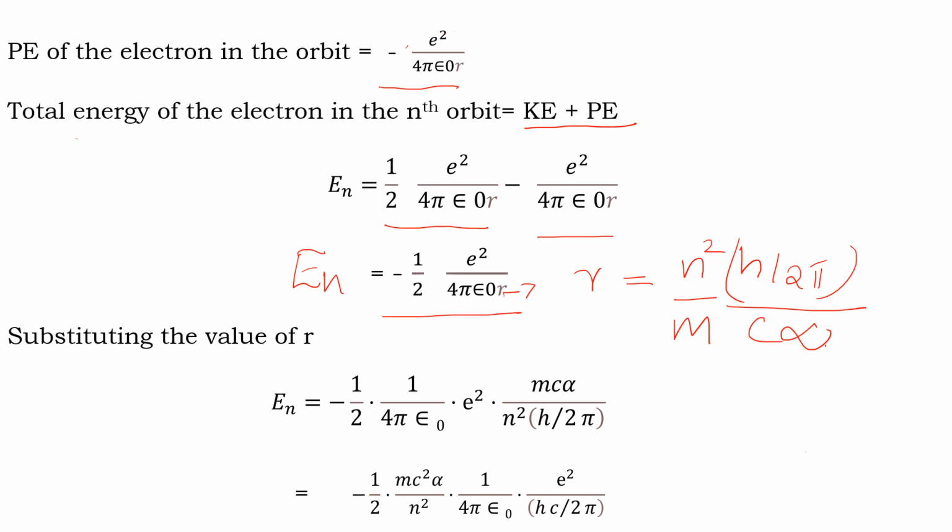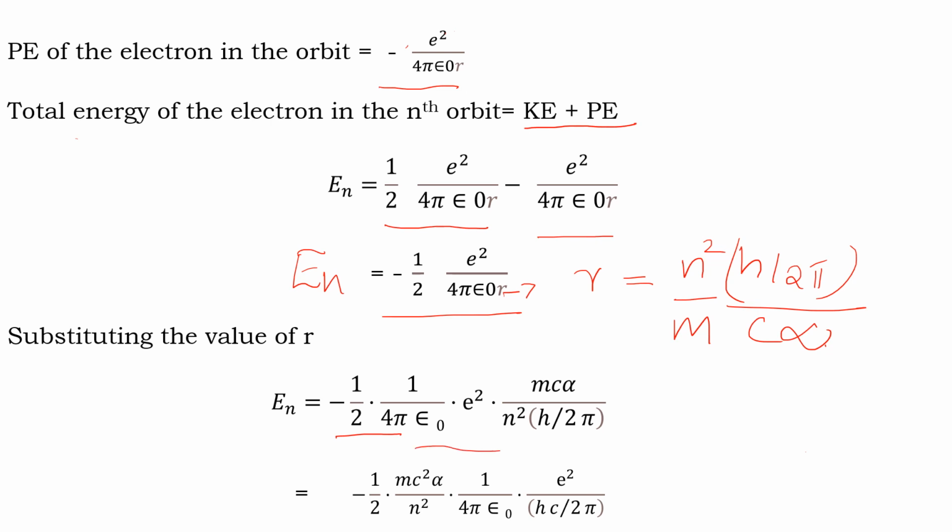Substituting the value of R in the denominator, we get the energy of the electron in the nth orbit, En, is equal to minus half 1 by 4 pi epsilon 0 E square into m c alpha by n square h by 2 pi.